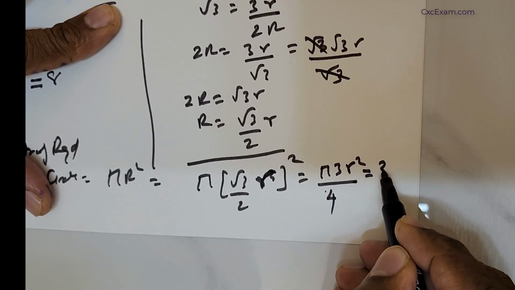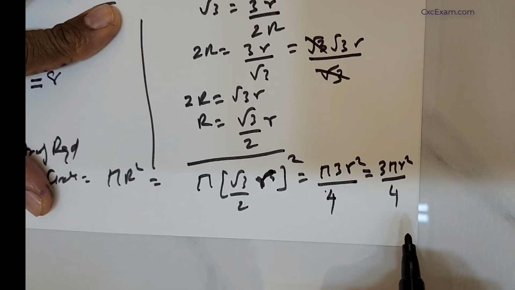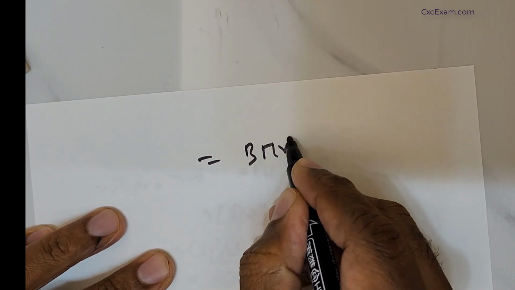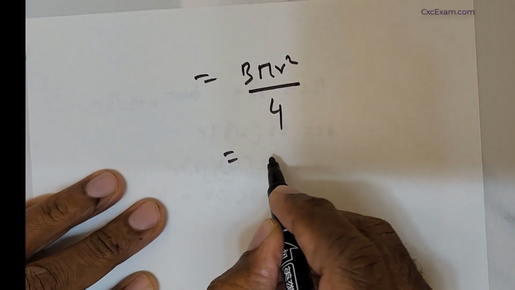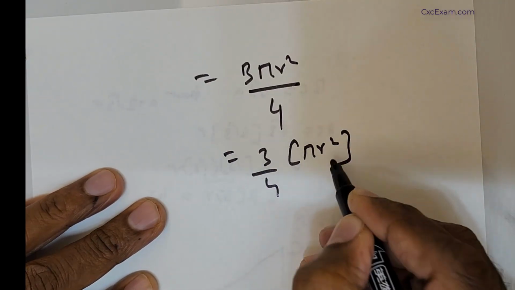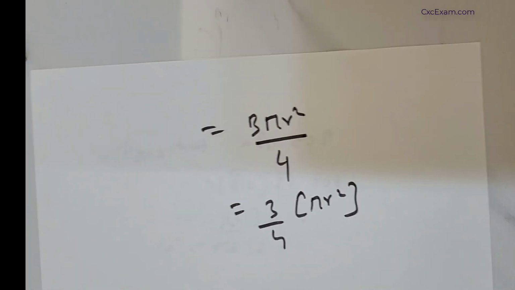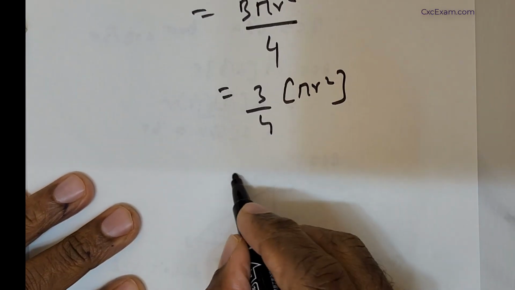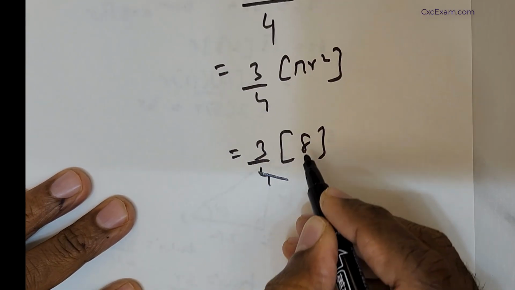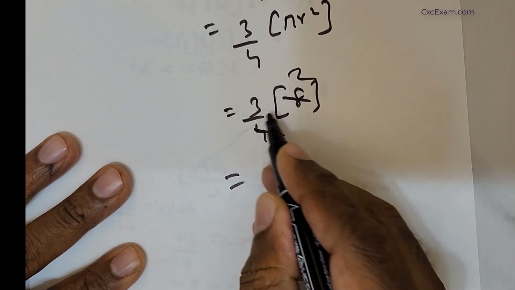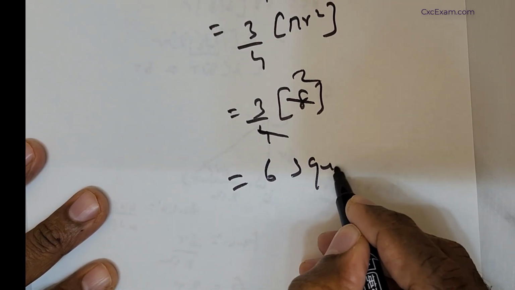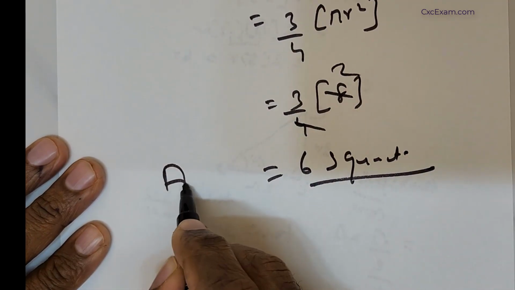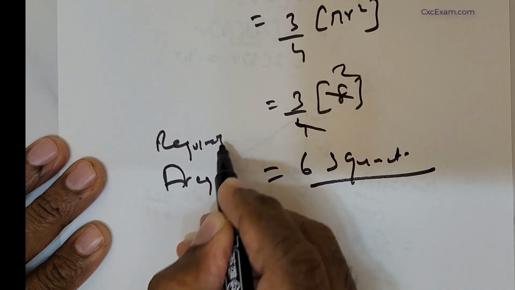Now I can rewrite this as 3 times pi r squared divided by 4, right? Which can be rewritten as 3 over 4 times pi r squared. So as I mentioned to you, pi r squared is what? 8 square units. So substitute that. 3 over 4 times 8, 4 divides 8 to give 2, so 3 times 2 is going to be 6 square units. So this is the required area. Required area is 6 square units.